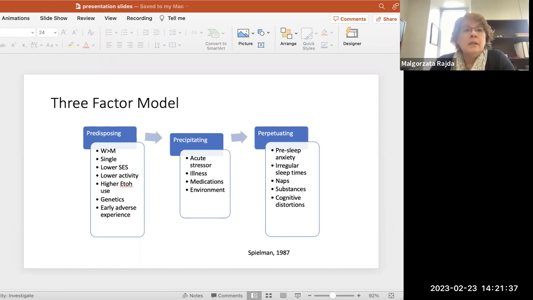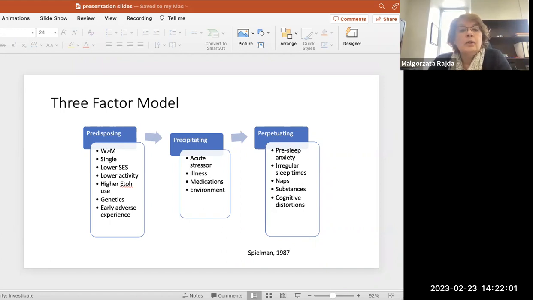Spielman taught us many decades ago, along the biopsychosocial formulation of the predisposing, precipitating, and perpetuating factors. Women tend to be more likely to develop insomnia. People who are single, divorced, widowed have a higher chance of developing insomnia.